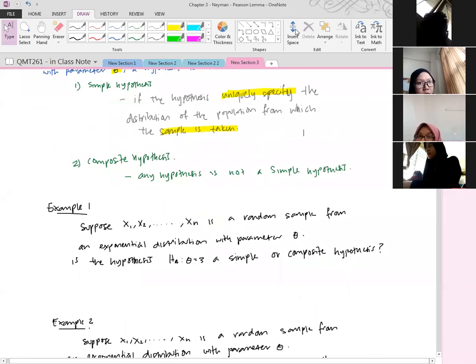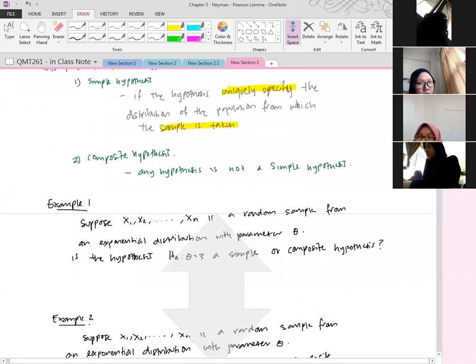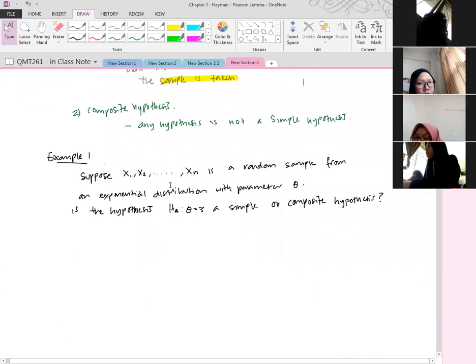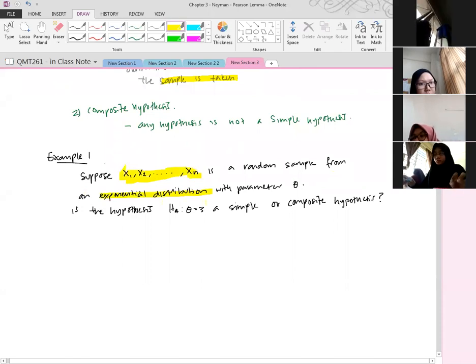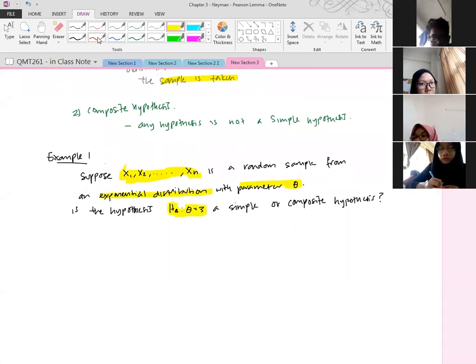Example number 1. We have x1 until xn, a random sample of size n from an exponential distribution with parameter theta. Is the hypothesis theta equal to 3 simple or composite?